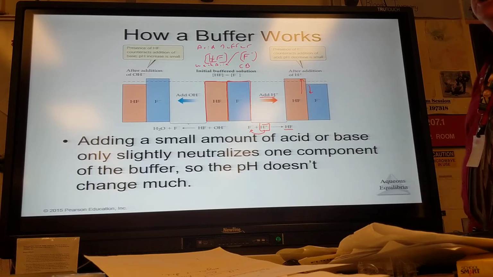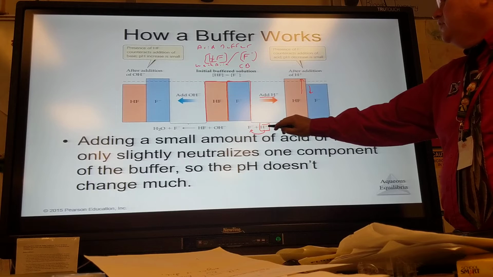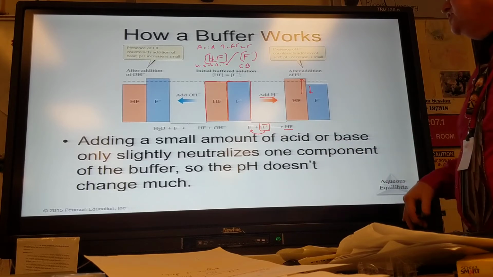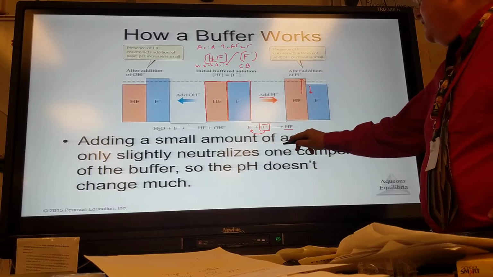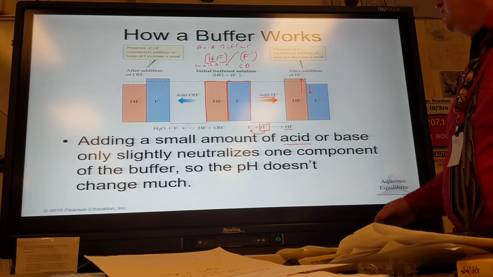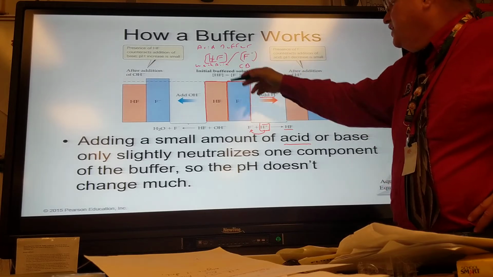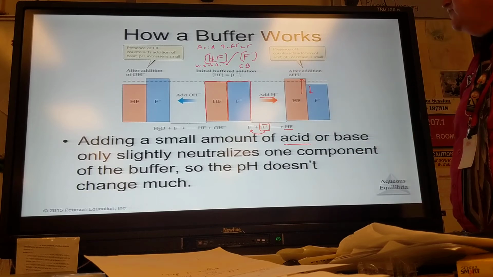The ratio is changing, but it's not really changing your pH. It's buffering the amount of strong acid. That's the essence of a buffer. So I've done that by adding a small amount of acid to the component of the buffer, in this case the weak base.